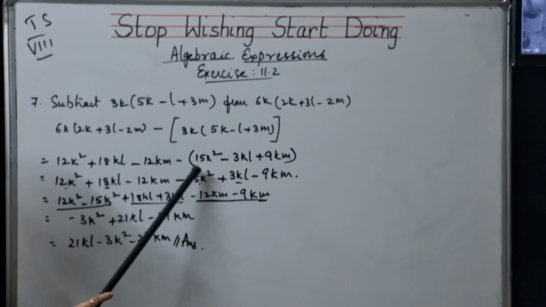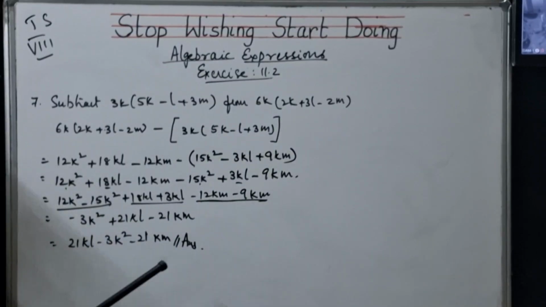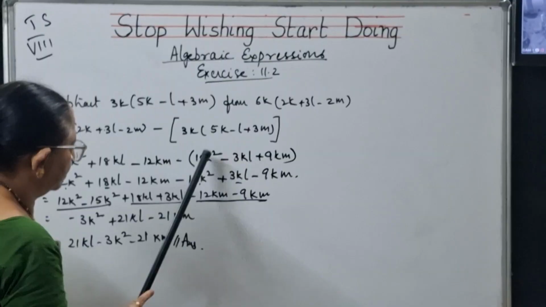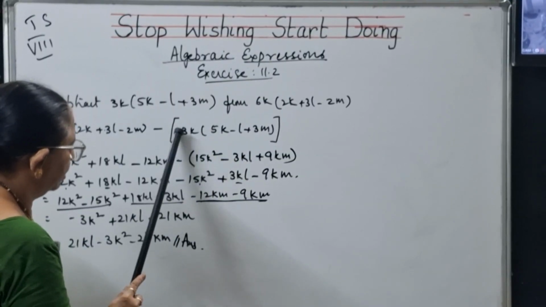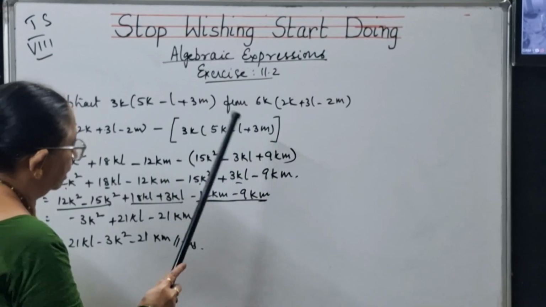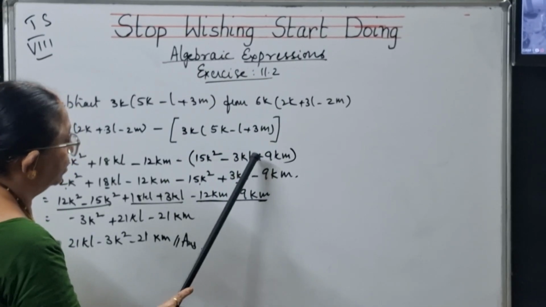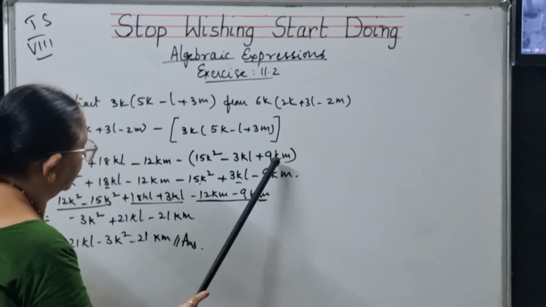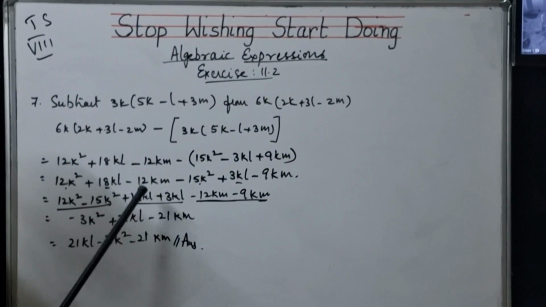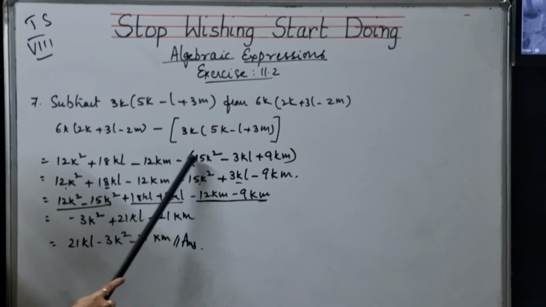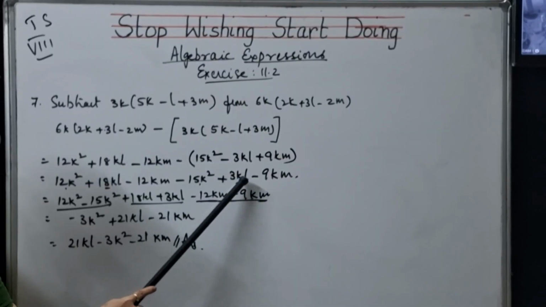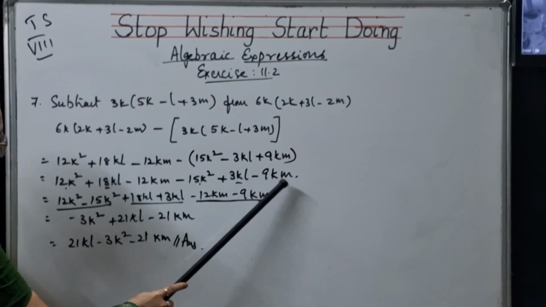I put this in one bracket because this is opening, so I can keep this bracket and delete this bracket. 3 5s are 15k into k square, plus into minus minus 3kl, minus into plus, plus 3 3s are 9km. 12k square plus 18kl minus 12km minus 15k square, minus into minus plus 3kl, minus into plus minus 9km.